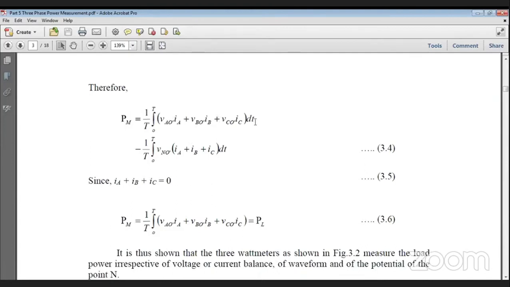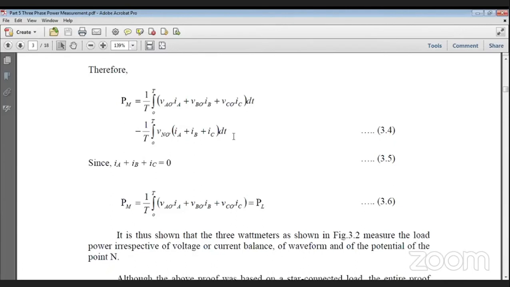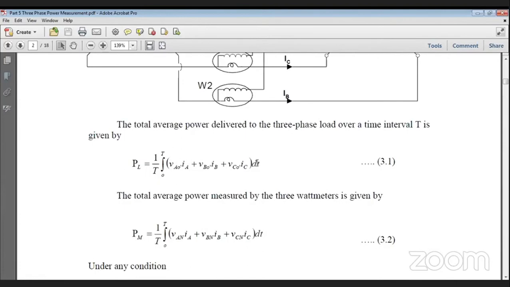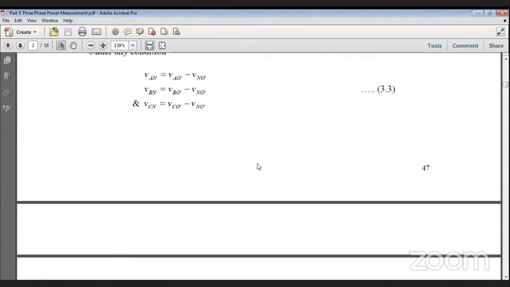Now fine, that's quite okay mathematically. Now looking at this second term, if we consider that IA plus IB plus IC is equal to 0, then this term vanishes and only this term remains. If I look at this first term and at the load expression, they are the same, which means the measured power is nothing but the load power plus one component.